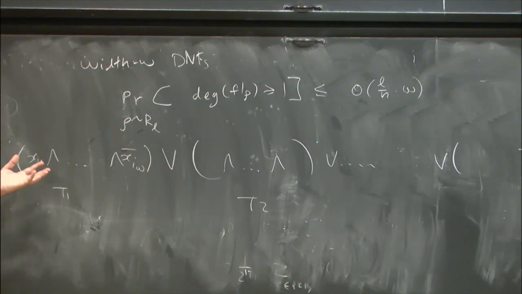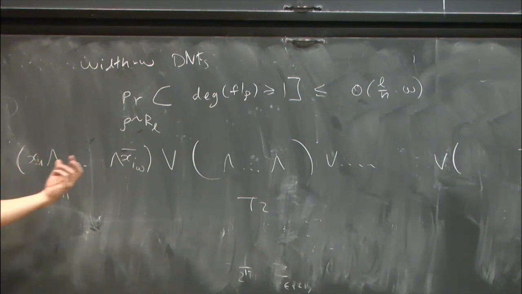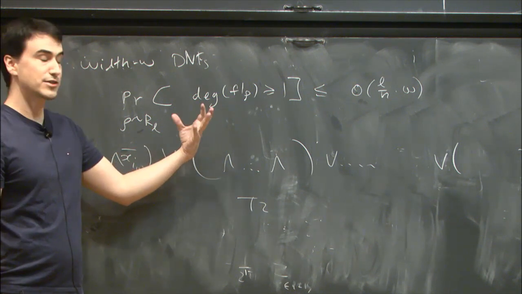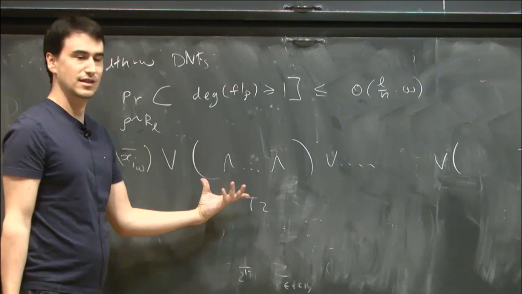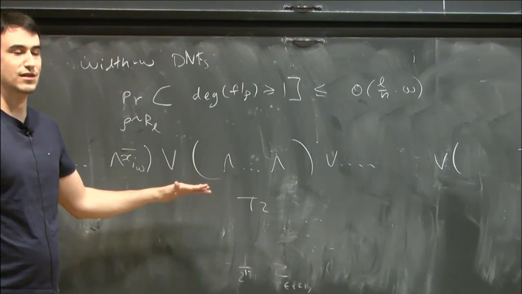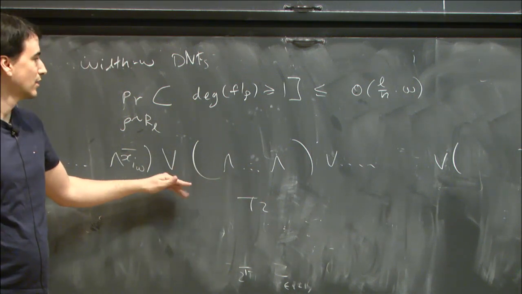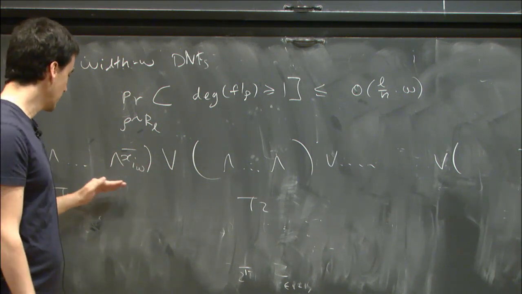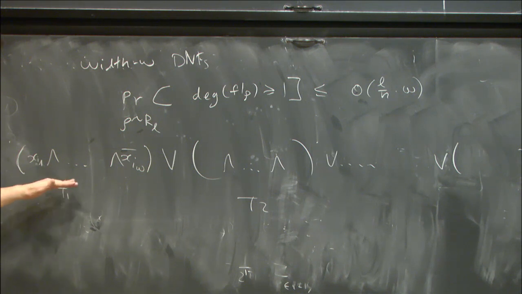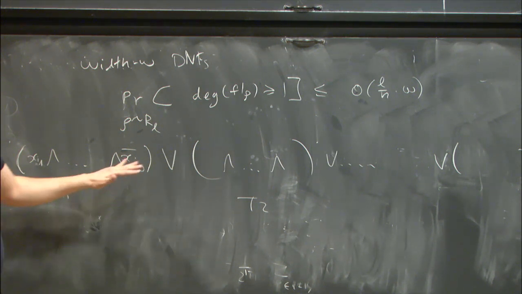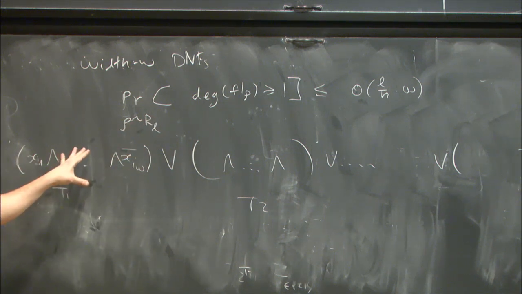Now we apply a random restriction, so we are leaving L variables alive. We check what happens when the restriction is bad. When the restriction is bad, it means that this thing is still not determined. It is not a constant under the restriction. So in particular, we can look at it term by term. Each term shouldn't be equivalent to 1, because if it was 1, then the entire thing would be a constant.